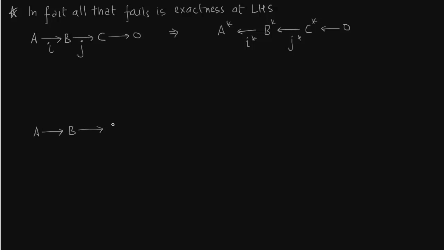So the proof just lies in this diagram. This is i and j. This is map j star.